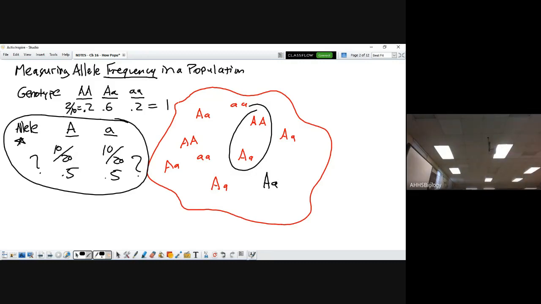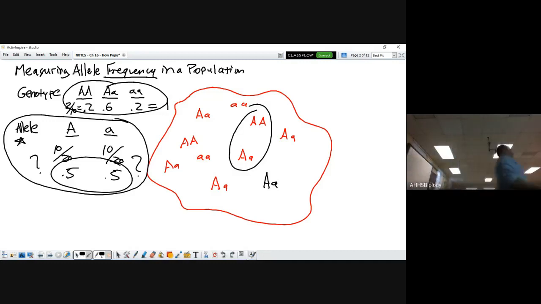The genotype frequencies, they might have changed. These up here, they might be different, but that doesn't matter. All that matters is the allele frequencies. If the frequency of the alleles in the population hasn't changed, then we would say no, the population did not evolve. So like our new definition for evolution is changing allele frequencies in a population.